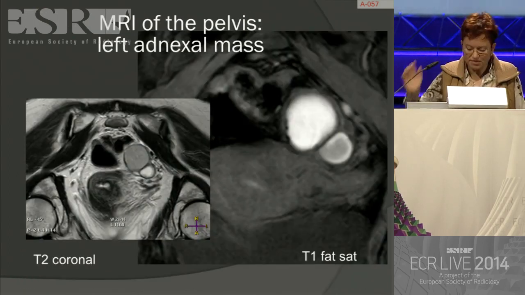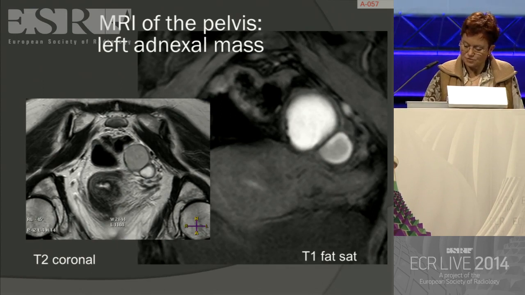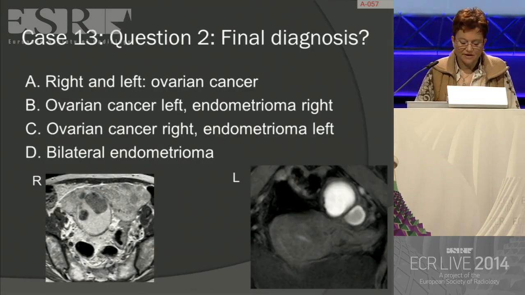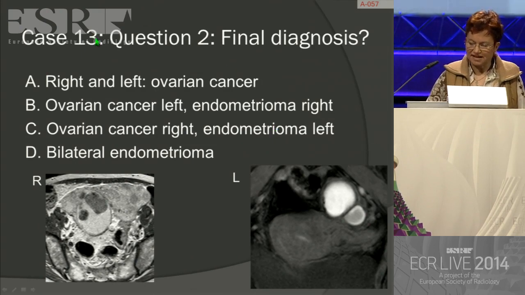Here is the left adnexal mass, T2, T1 fat set. Now, what's the final diagnosis? A, she has right and left ovarian cancer. B, ovarian cancer left and endometrioma right. C, ovarian cancer right and endometrioma left. Or D, bilateral endometrioma.